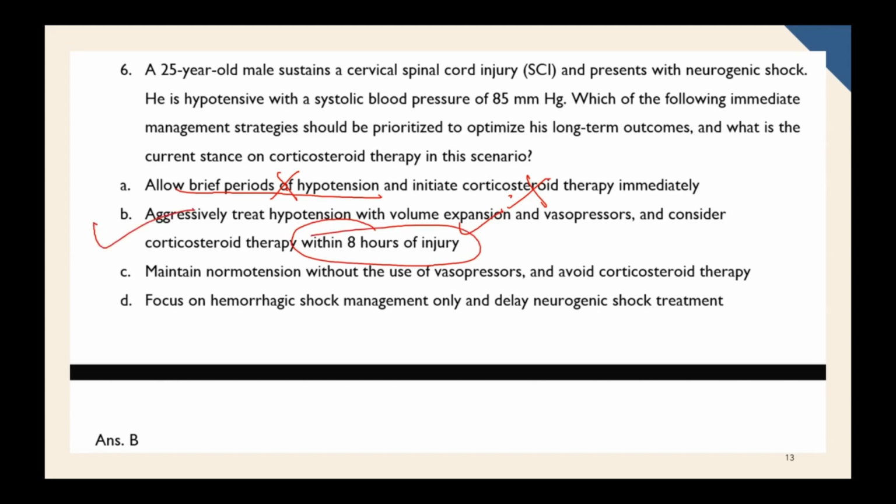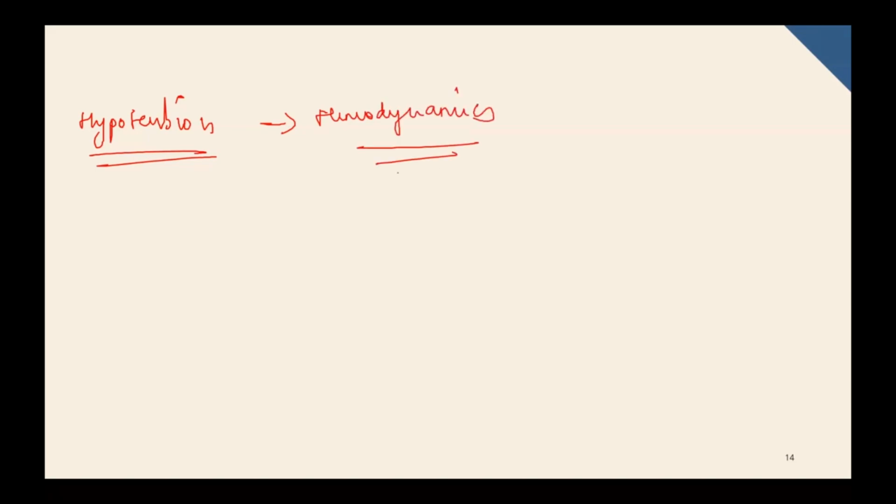So remember that in cervical spinal cord injury, any hypotension will exaggerate the trauma which has happened because of the hypoperfusion. So you need to immediately take care of the hemodynamics in any patient with neurogenic shock. You need to maintain the mean arterial pressure in the range of 85 to 90.